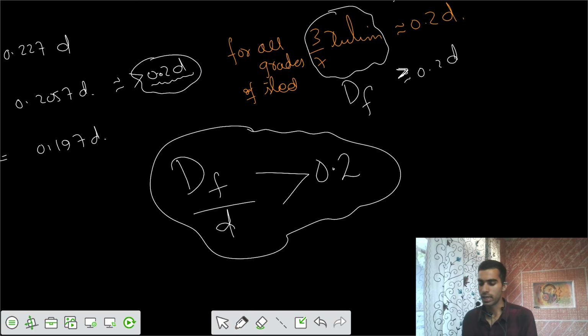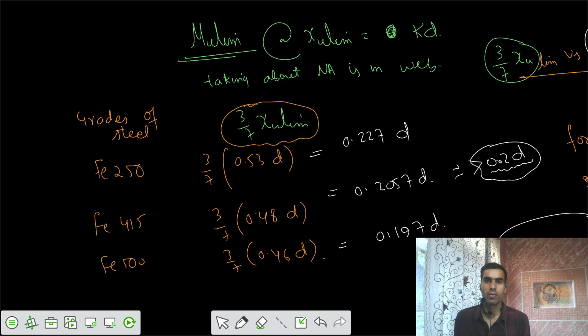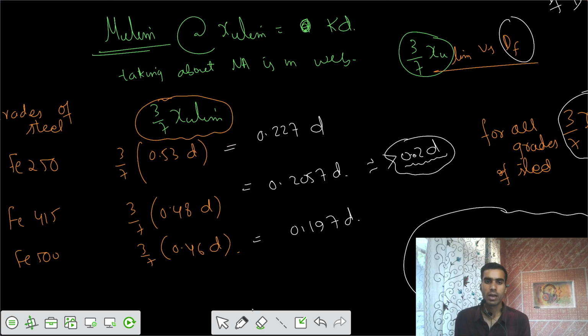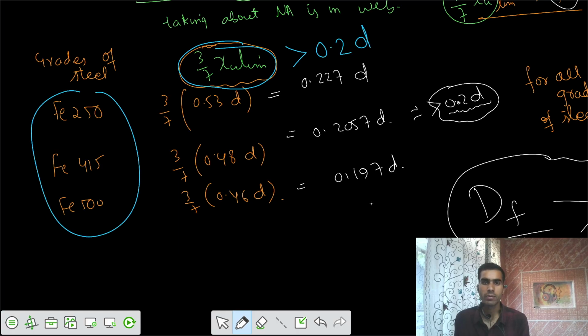we say that the parabolic part is in dF. Because if I have this value, what do we get here? We get that this 3/7 of XU limiting is almost greater than 0.2 D for all grades of steel you can have.